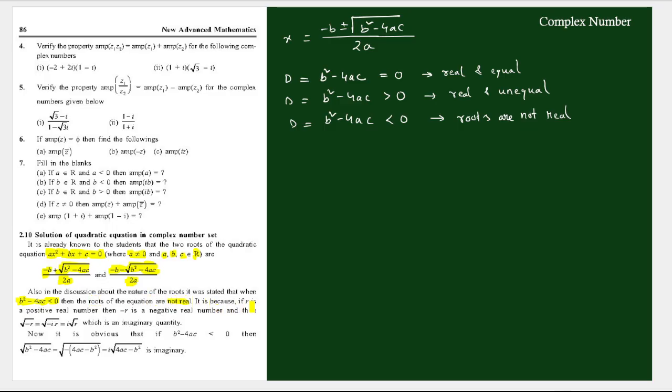It is because, say r is a positive real number, then minus r is a negative real number. Fine. And then root over of minus r becomes minus ir.